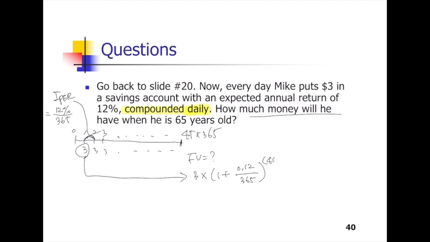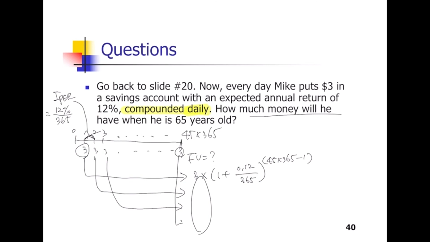Yeah, 45 multiplied by 365. Is that right? No, just minus 1. Because compounding starts here, right? And repeat for all the cash flows of $3. And then the sum of them is the answer.